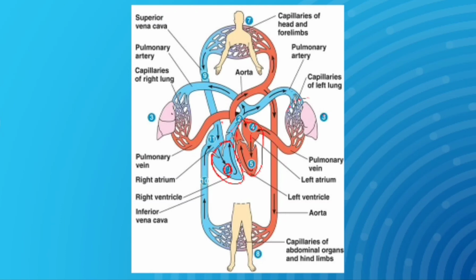Here the blood gets oxygenated: it gives CO2 to the lungs and takes in O2. Now this oxygen rich blood from the lungs enters the heart at the left atrium, and then passes via the mitral valve into the left ventricle.